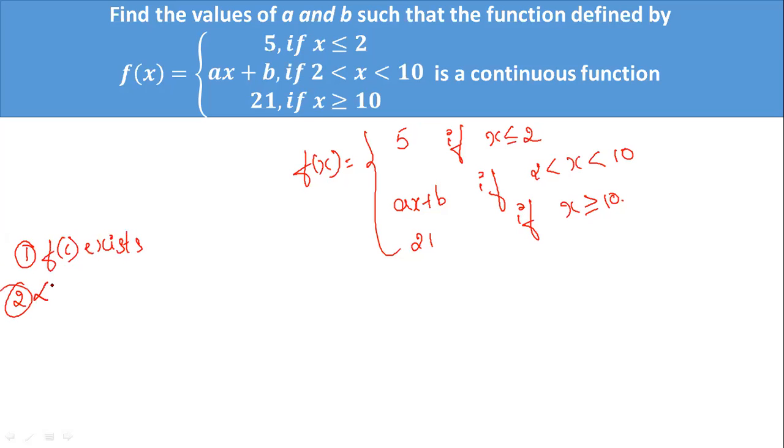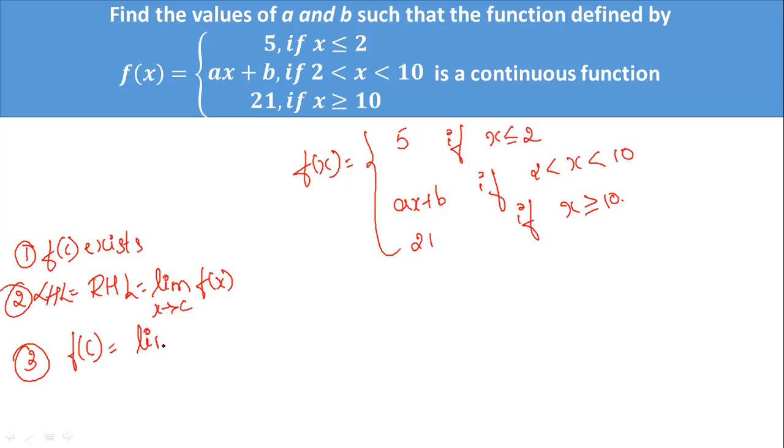Second, the left hand limit and right hand limit, that is, to check whether the limit of f of x as x tends to c exists or not. And the third thing is whether both are equal, that is, f of c is equal to the limit as x tends to c. These things you have to verify when you are discussing whether a function is continuous at a particular point.